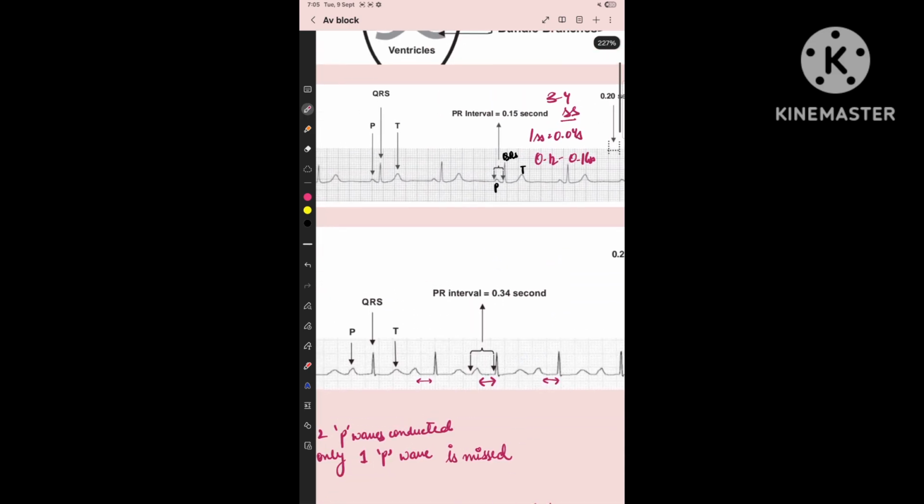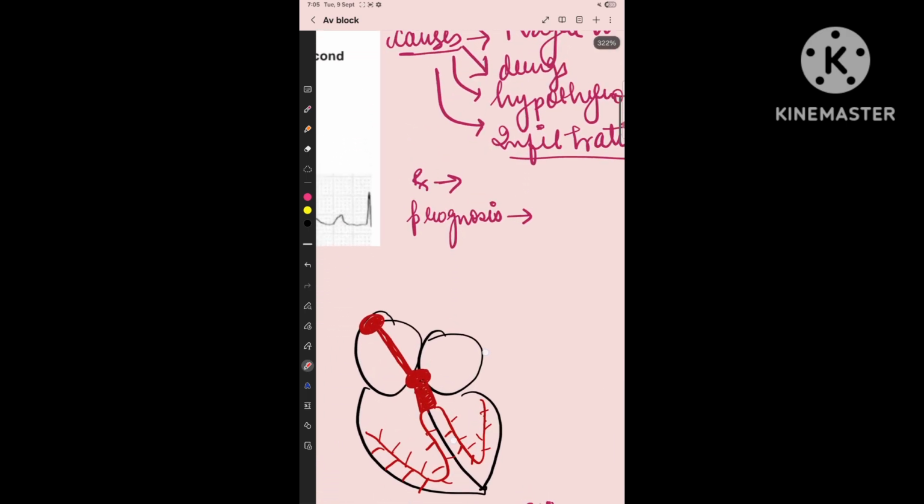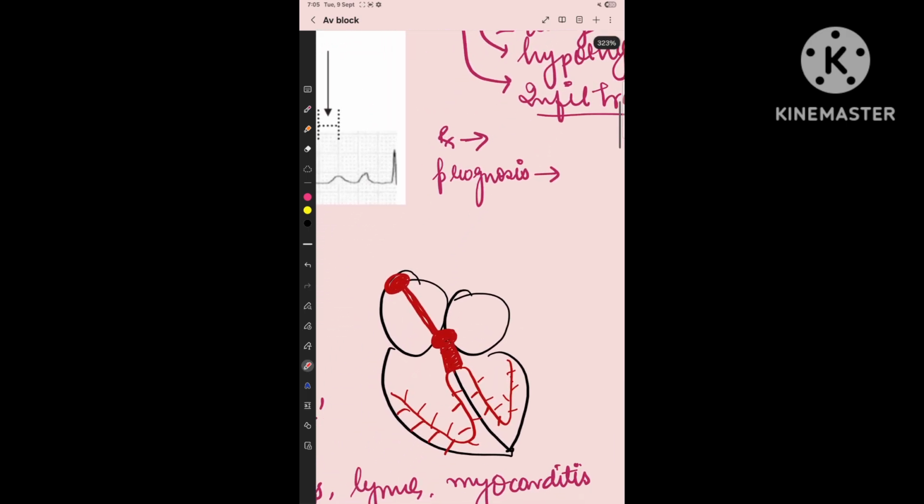Coming to the first degree AV block, we can say that this is a misnomer because there is no block per se, but there is constant prolongation of the PR interval. We'll study with the help of a diagram. This is the normal conduction of the heart.